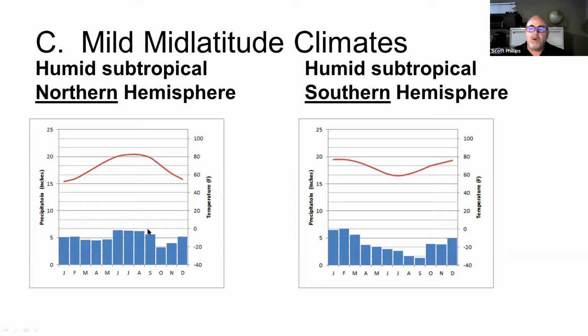East coasts have warm water off their coast. That's why they get more hurricanes, if you recall. But it's not just hurricanes. It's just more summer rain, summer storms, hurricane or not. So they get a fairly decent amount of rain in the summertime here. And in the southern hemisphere, it's the opposite pattern where this would be their summer, and they also get a fair amount of rain there as well.